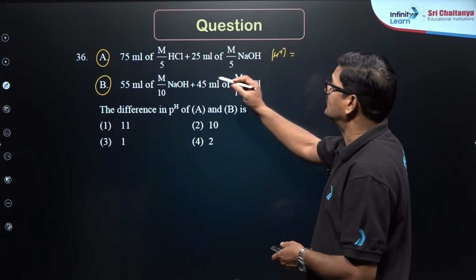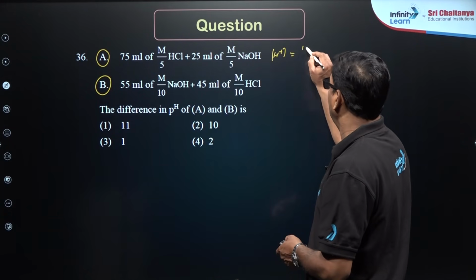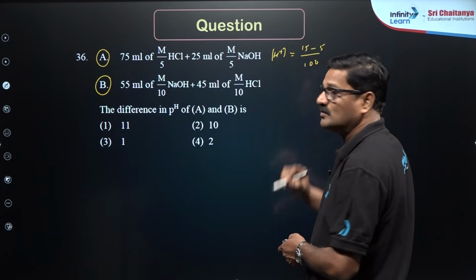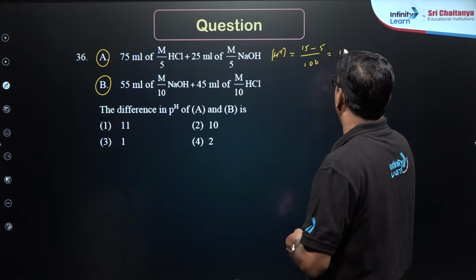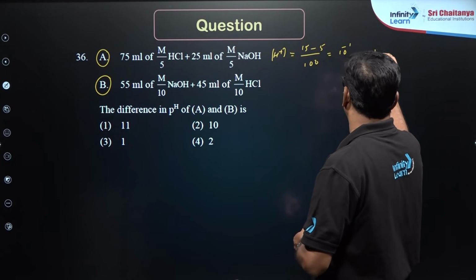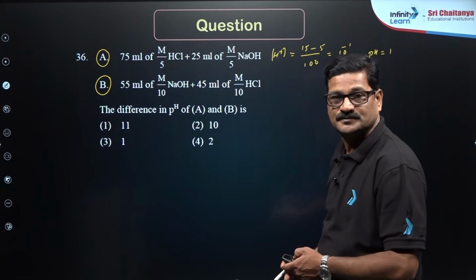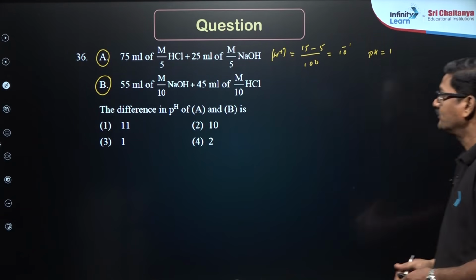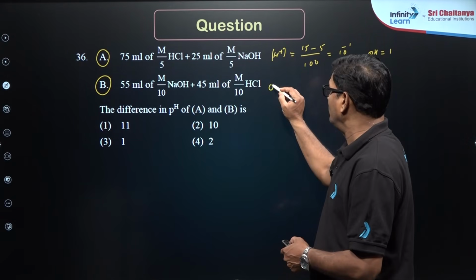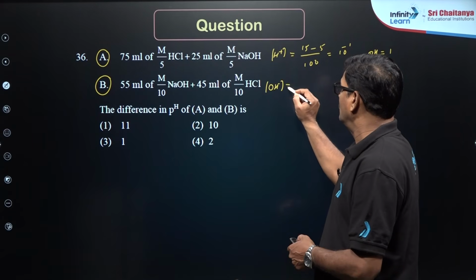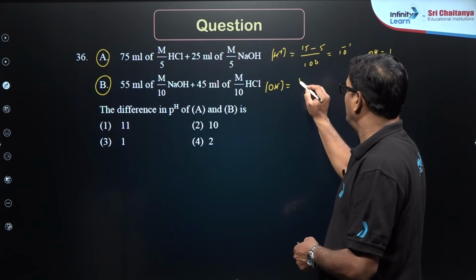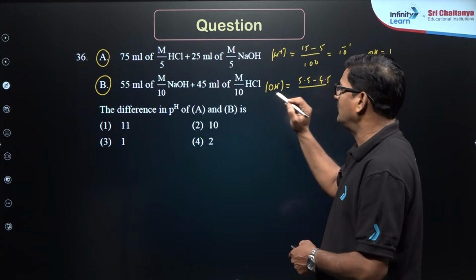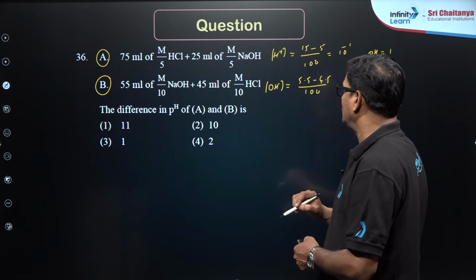So, the H plus ion concentration is going to be 15 minus 5 and the total solution is going to be 100 milliliter solution. So, you are going to get 10 raised to minus 1. So, the pH is going to be 1. In this case, the basic solution is formed, OH minus is going to be 5.5 minus 4.5 upon 55 plus 45, 100 milliliters.